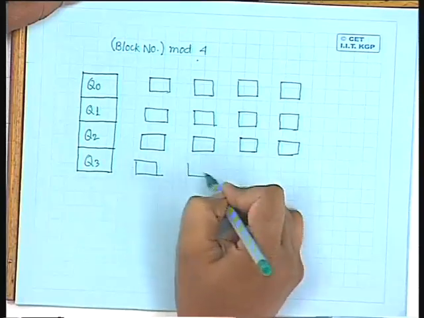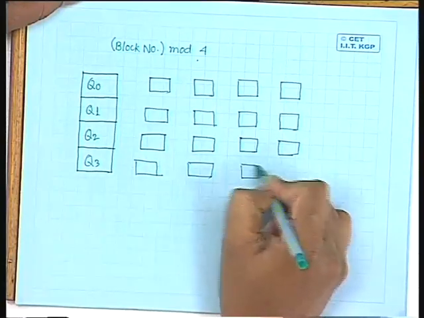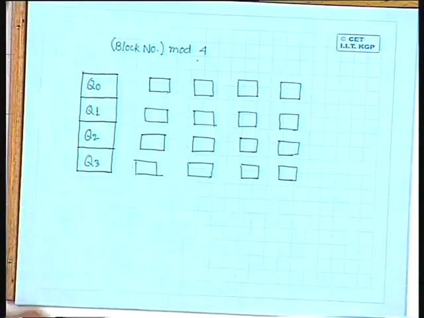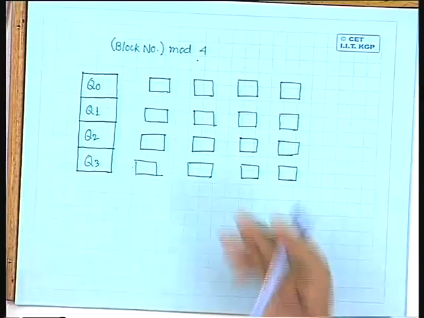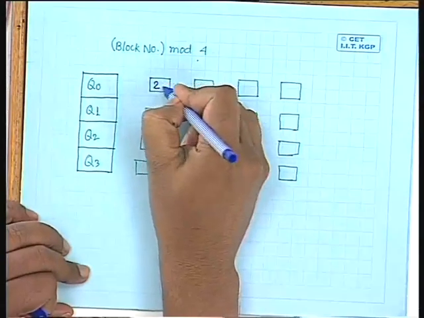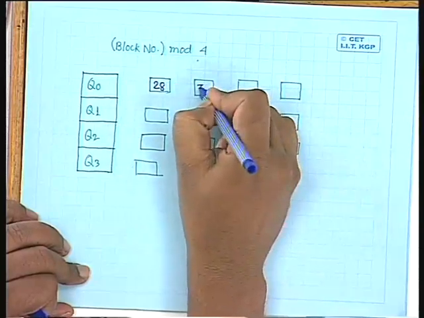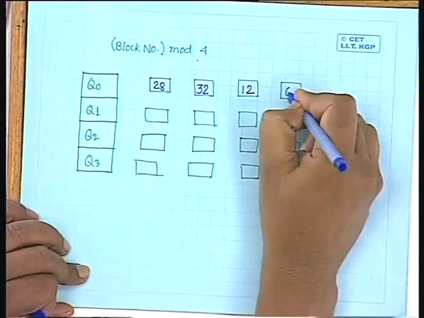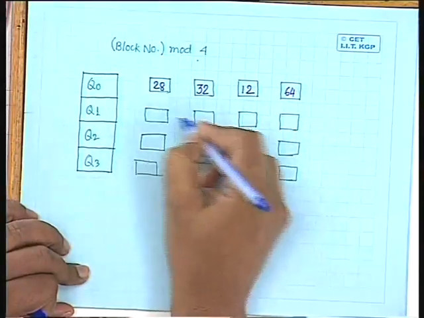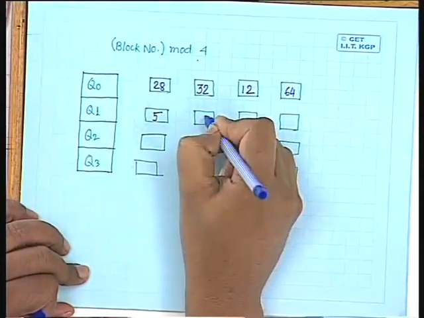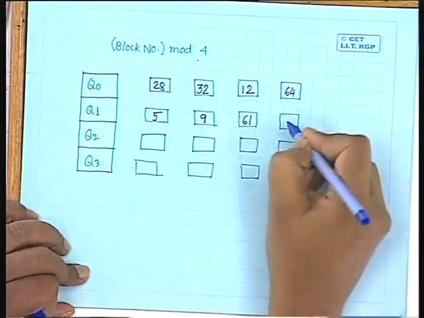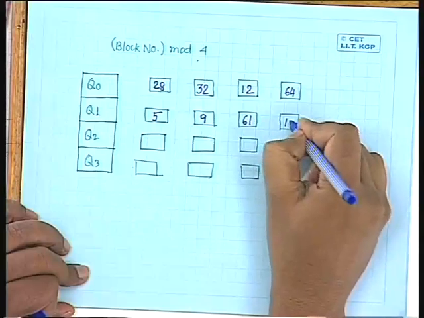So let me assume that I have 4 buffers in each of the hash queues. Now this queue number 0, suppose it will contain block number say 28, say 32, 12, 64, something like this. This may contain block number 5, block number 9, say block number 61, then block number 13.